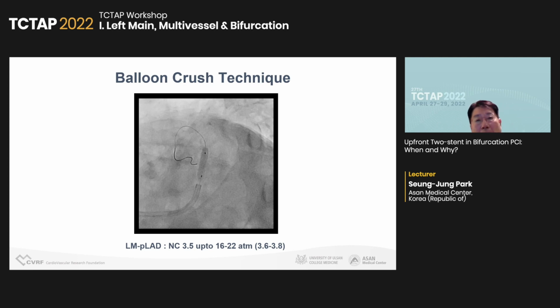So the main purpose of the effort is to do the stent expansion, even in the TK crush, any IVUS-guided procedure. Finally, we make a big stent area. I think that's the point.